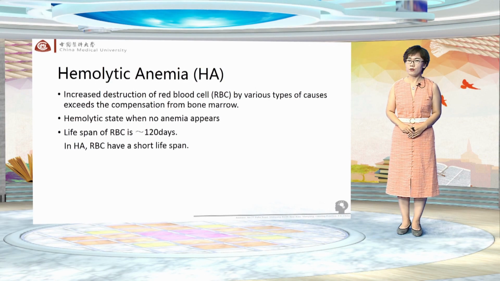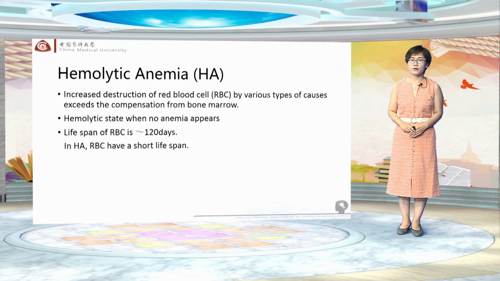Hemolytic anemia refers to increased destruction of red blood cells by various types of causes that exceed the compensation from bone marrow. Bone marrow has 6 to 8 times the compensatory potential of erythropoiesis.